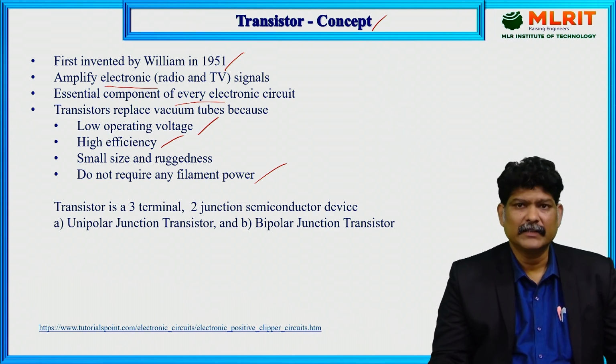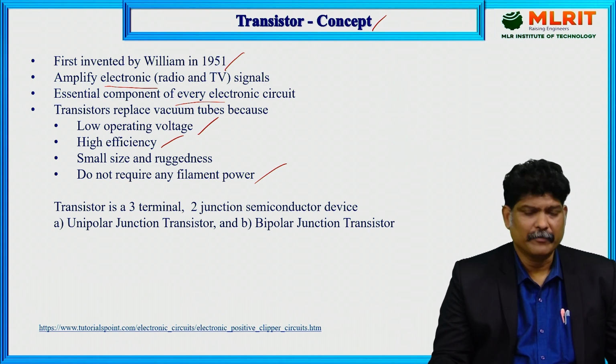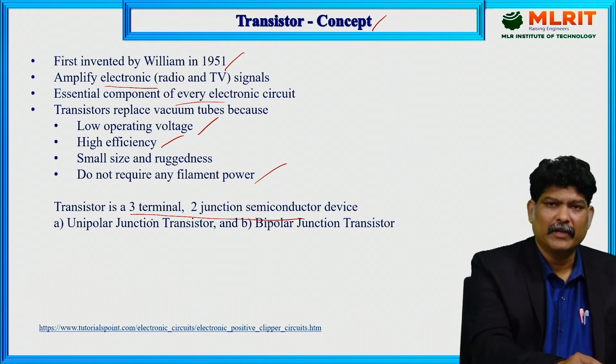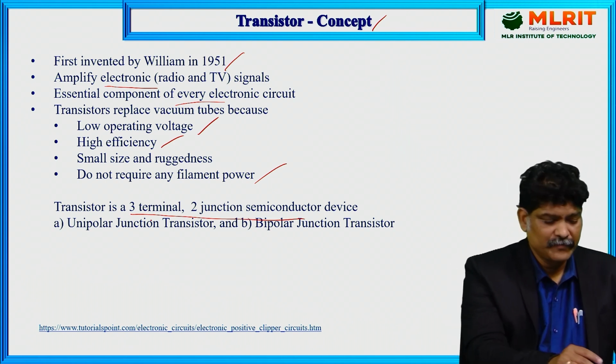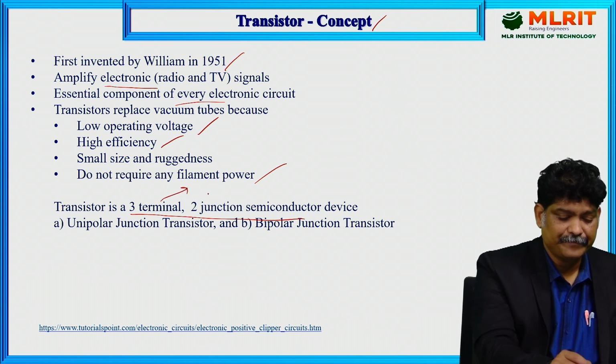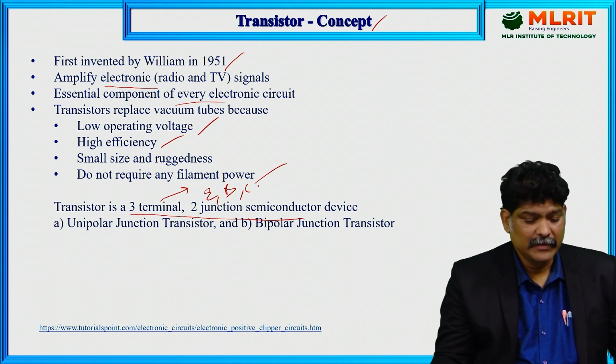The transistor is a 3-terminal, 2-junction semiconductor device. What are the 3 terminals? The 3 terminals are emitter, base, collector, EBC.